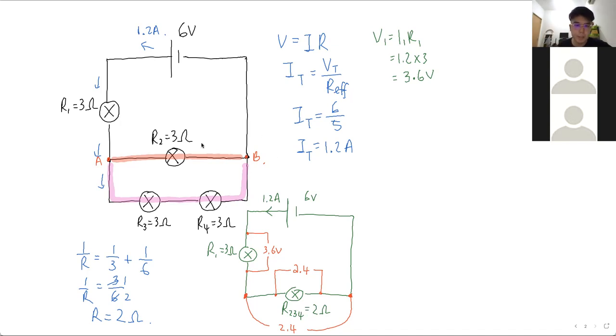Okay, so this is 2.4 volt, and the back one is also 2.4 volt.